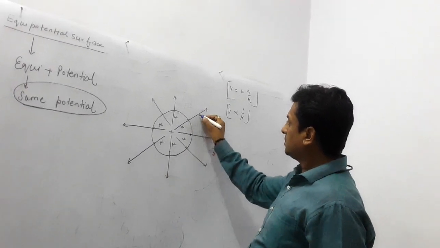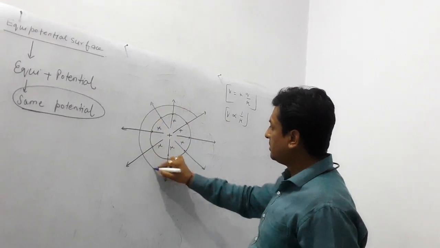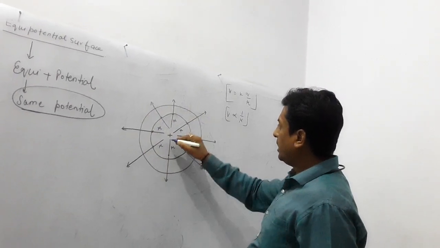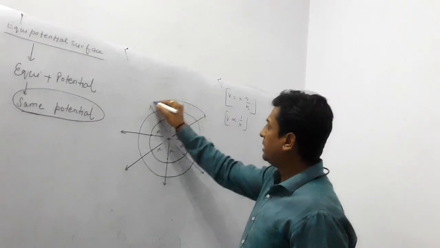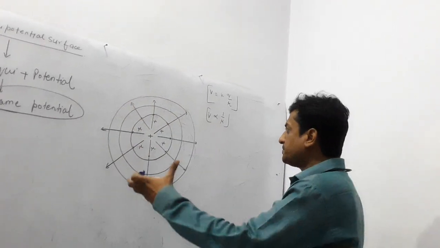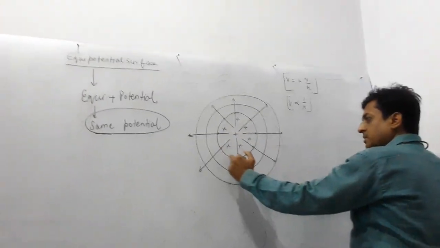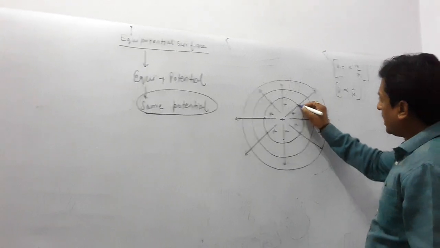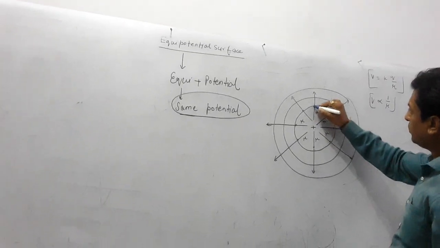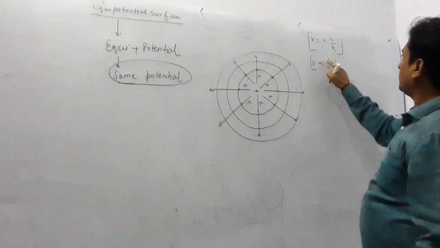Not only this, if you increase the distance, then you will get another surface. If you increase again, you will get another surface. So what you are observing is the type of surface at which every point has the same potential, because you know V varies as 1 by R.